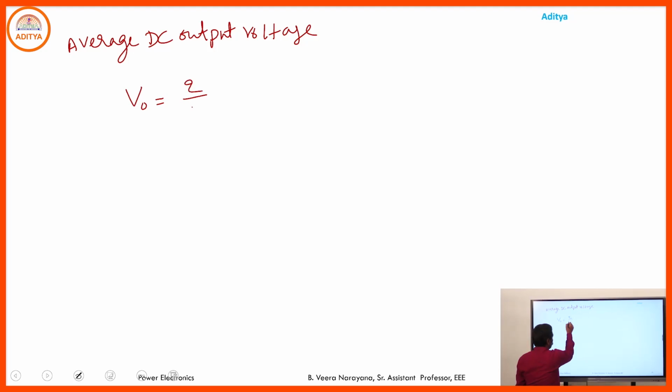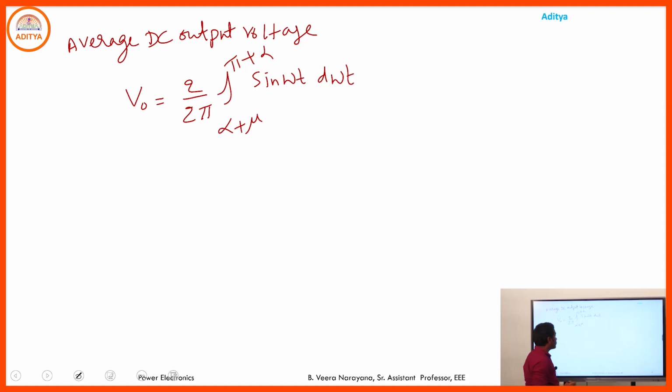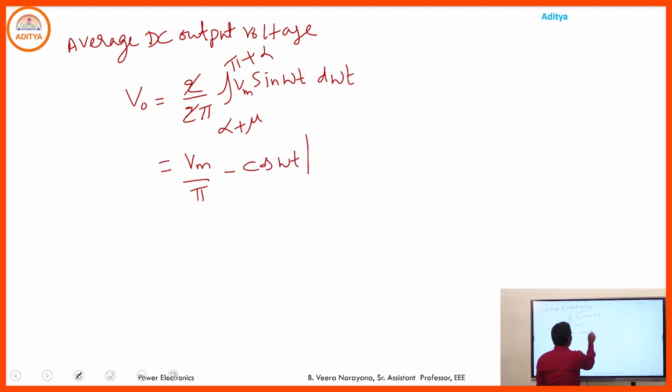So 2 by 2 pi integral alpha plus mu to pi plus alpha Vm sin omega t d omega t. So by simplifying this expression, 2 gets cancelled. Take Vm outside, Vm by pi. Integral sin omega t is minus cos omega t between the limits alpha plus mu to pi plus alpha.